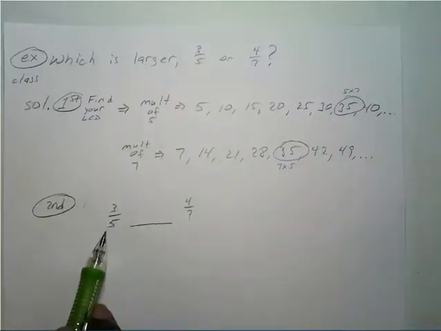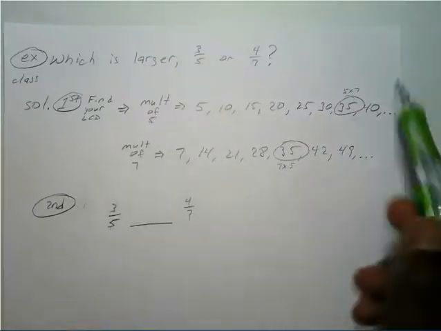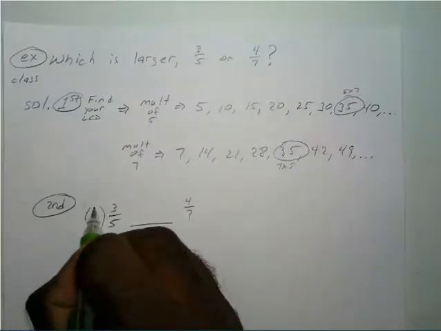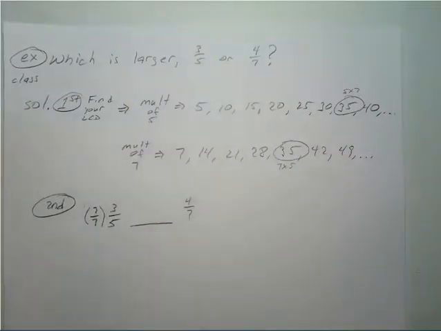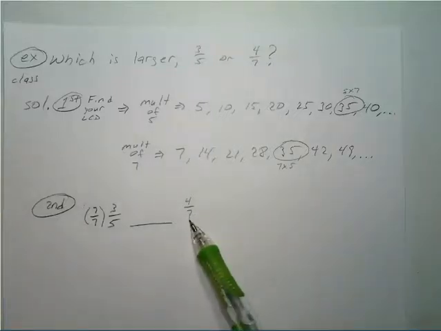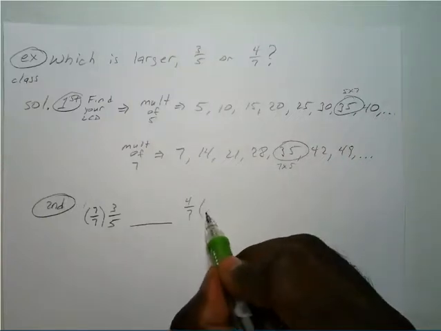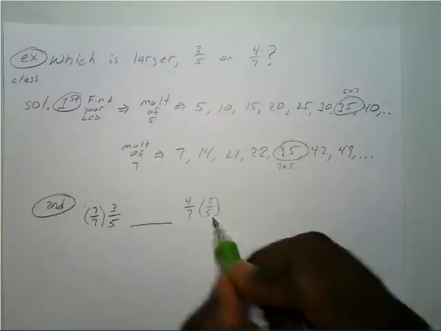So how do we turn 5 into 35? 5 times 7. So anything we do with the denominator, we have to do to the numerator. And how do we turn this 7 into 35? 7 times 5. So we make that 5 over 5.